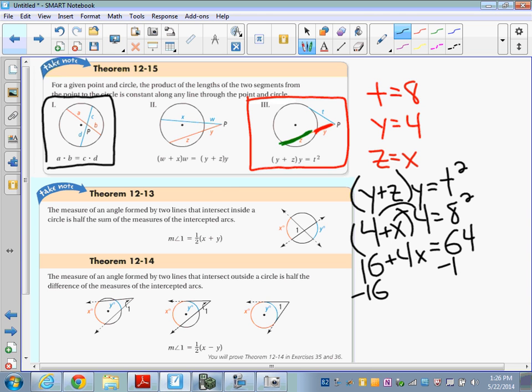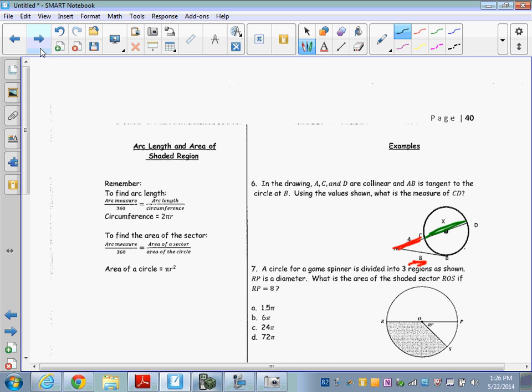When I subtract 16, 4X is equal to 48. And the last thing I do is divide by 4. And I'm going to get my measure of X is equal to 12. So I'm asked to find the measure of CD, and I see that CD is equal to X, so I'm done.